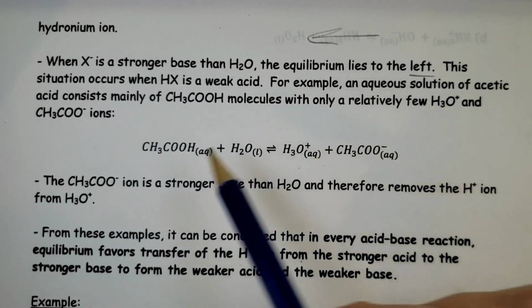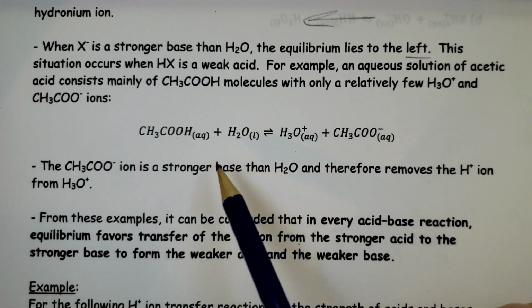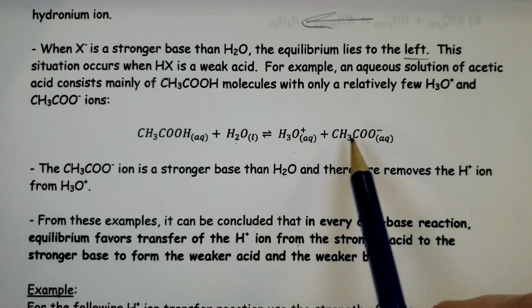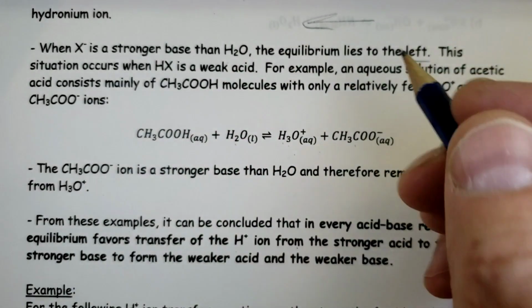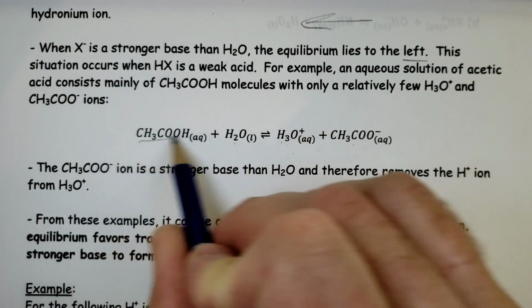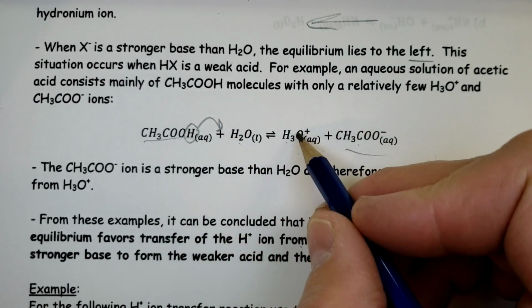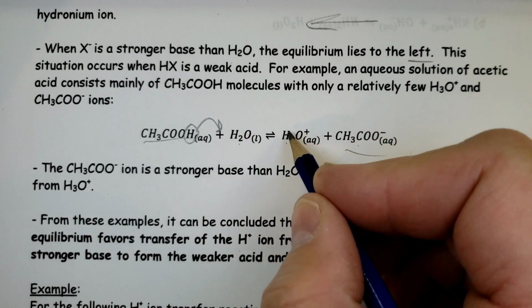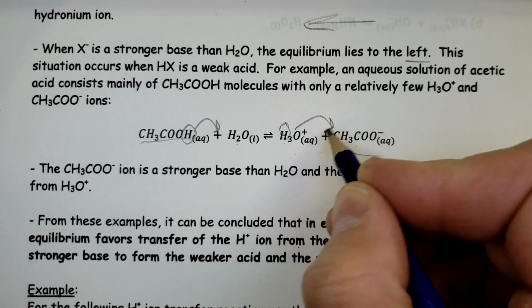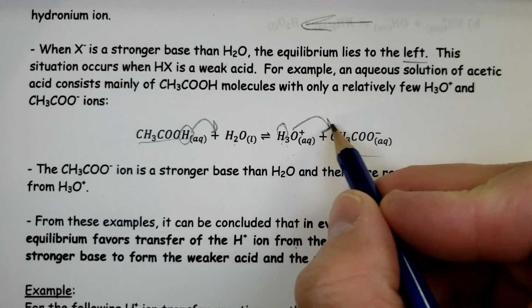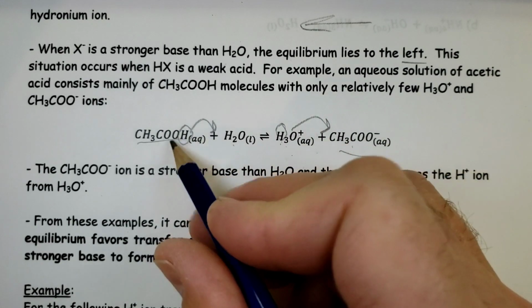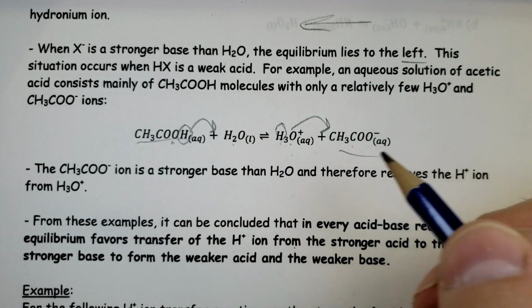So for example, when we have this scenario, acetic acid plus H2O giving the acetate ion and the hydronium ion. To go from here to here, we must lose an H, and H2O of course accepts it to become H3O⁺. Going backwards, the hydronium ion would give up its H to the acetate ion, becoming acetic acid and H2O.